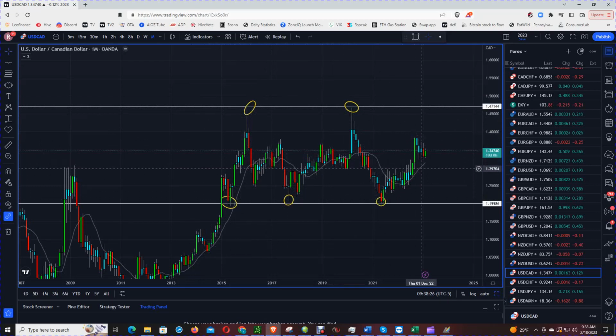This is the 13 simple moving average, which is pointing up. Maybe you're setting up for a bull flag setup.